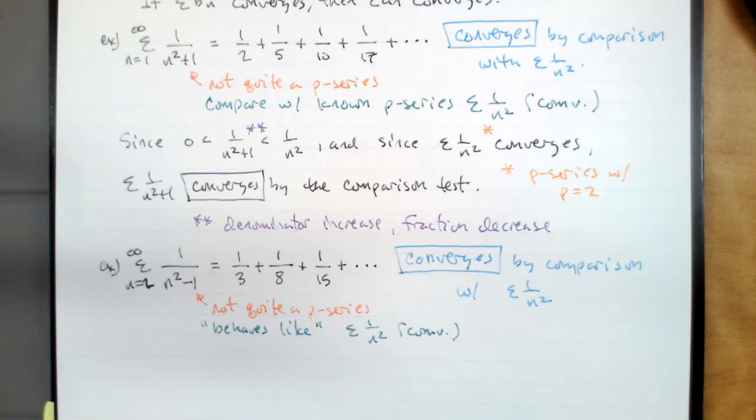What we want to note here is that we can't use the comparison test that we used in the previous example, because 1 over n squared minus 1 is greater than 1 over n squared.